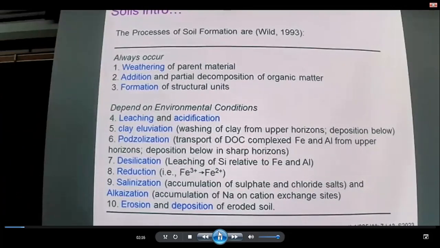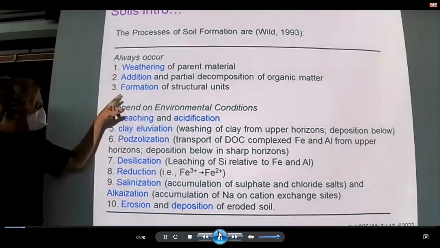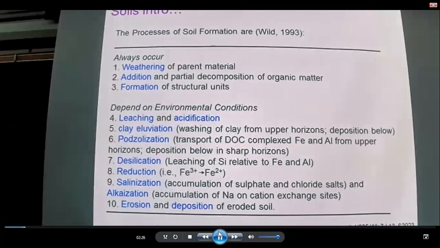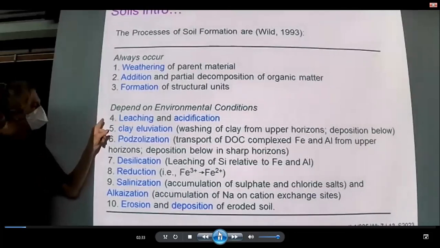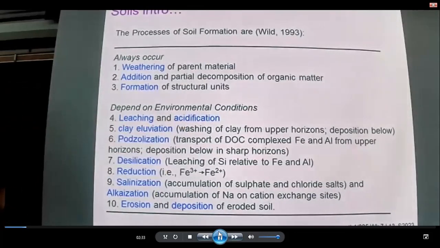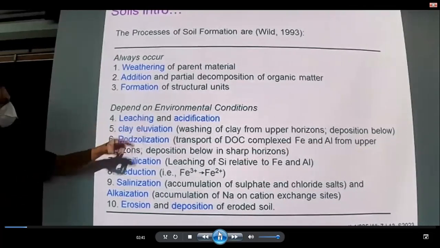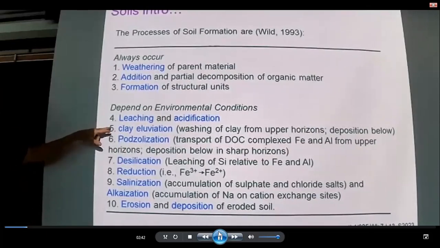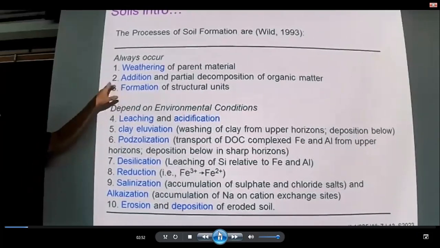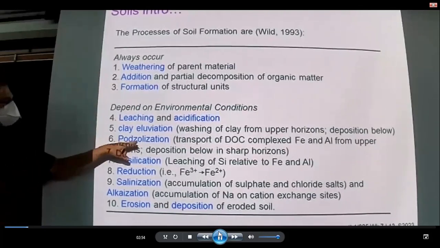These include processes such as leaching and the addition of acid, the washing of clay particles, and by this we're talking about clay-sized particles, down through the soil column to accumulate near the bottom, the transporting of organic carbon complexed with iron and aluminum down through the soil horizon, the leaching of silicon in some cases, which is very related to the presence of organic matter, reduction and/or oxidation, and we'll talk more about these conditions as we go.